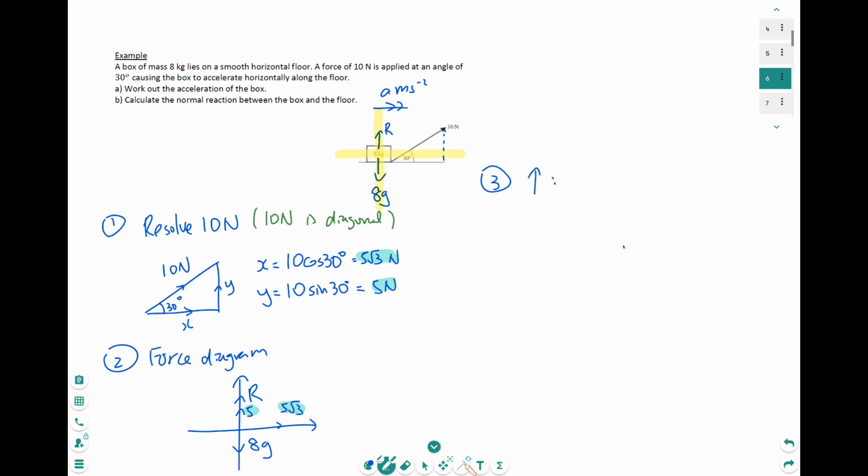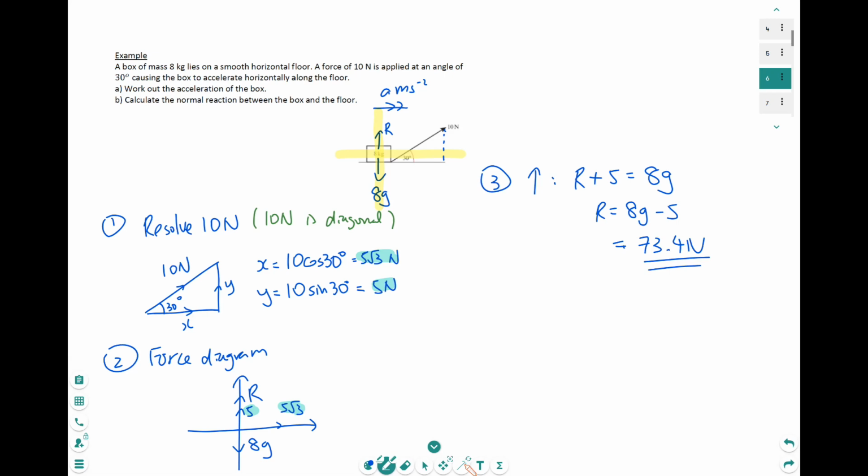So if there's no acceleration, then surely the upward force R plus 5 will have to equal 8g. So R equals 8g minus 5, equals 8 times 9.8 minus 5. That's 73.4 Newton. And that's the reaction. Actually, that's the answer for part B.